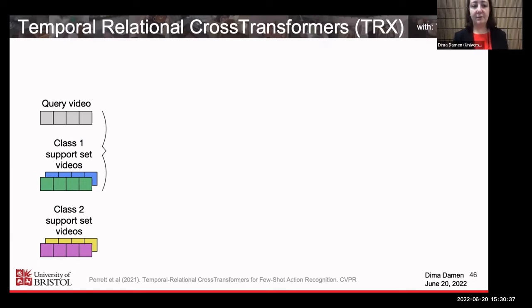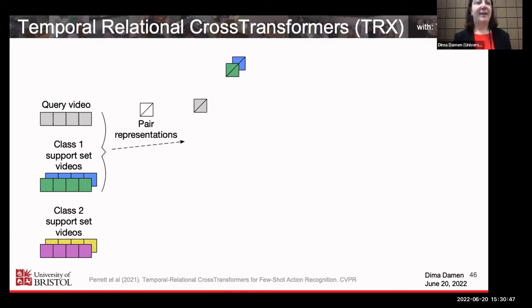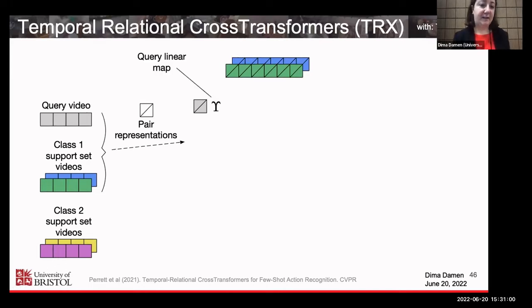And it goes as follows. You have your query video, say of 4 frames, and you have 2 examples in your support set of class 1. We build these pairs. So we take 2 frames and we build a 2-frame query and a 2-frame key and value, basically. And we build that from the full support set. So that means we basically here have a transformer.